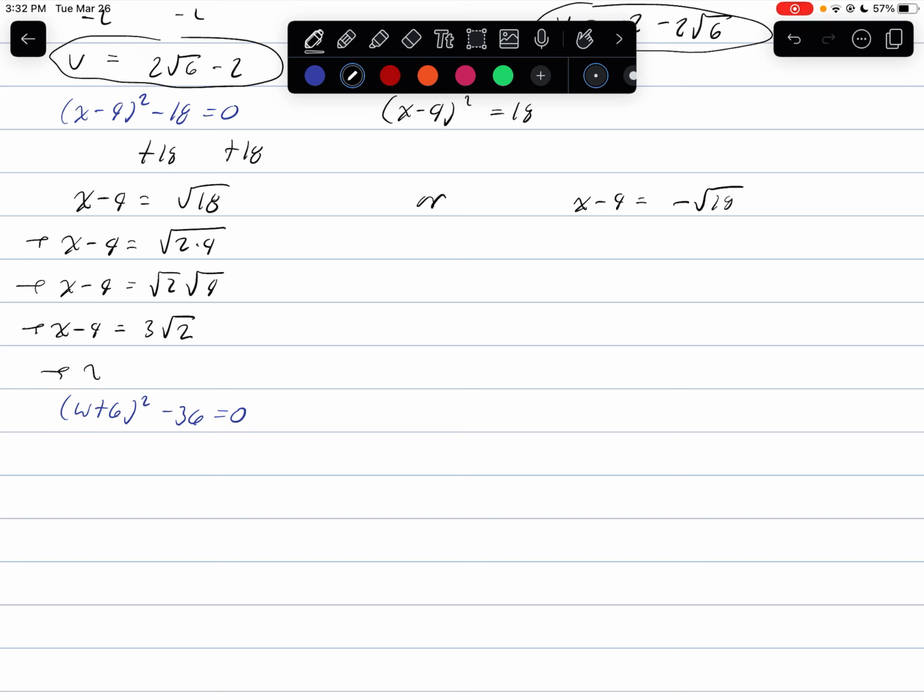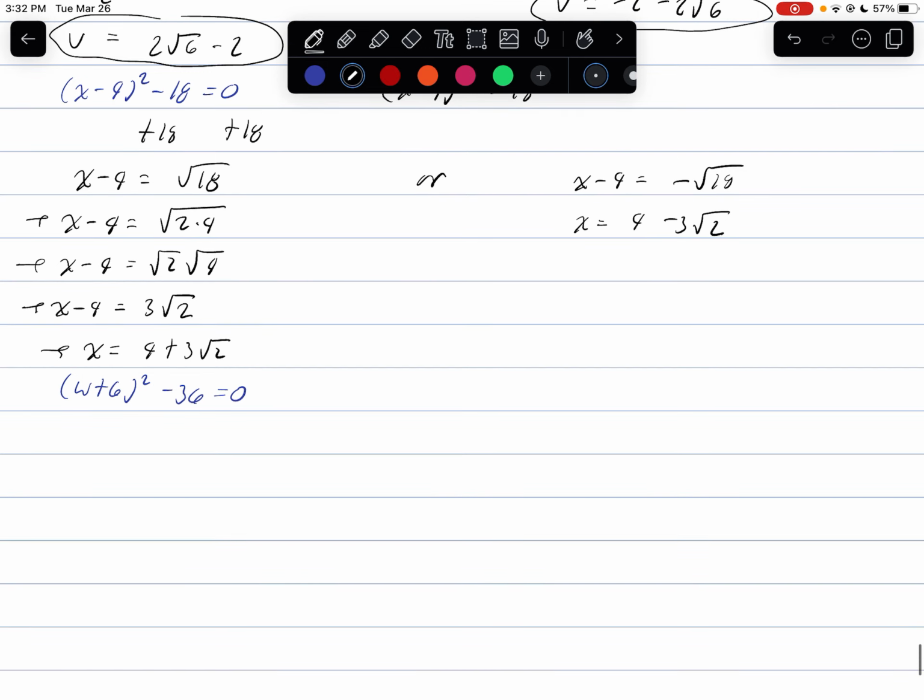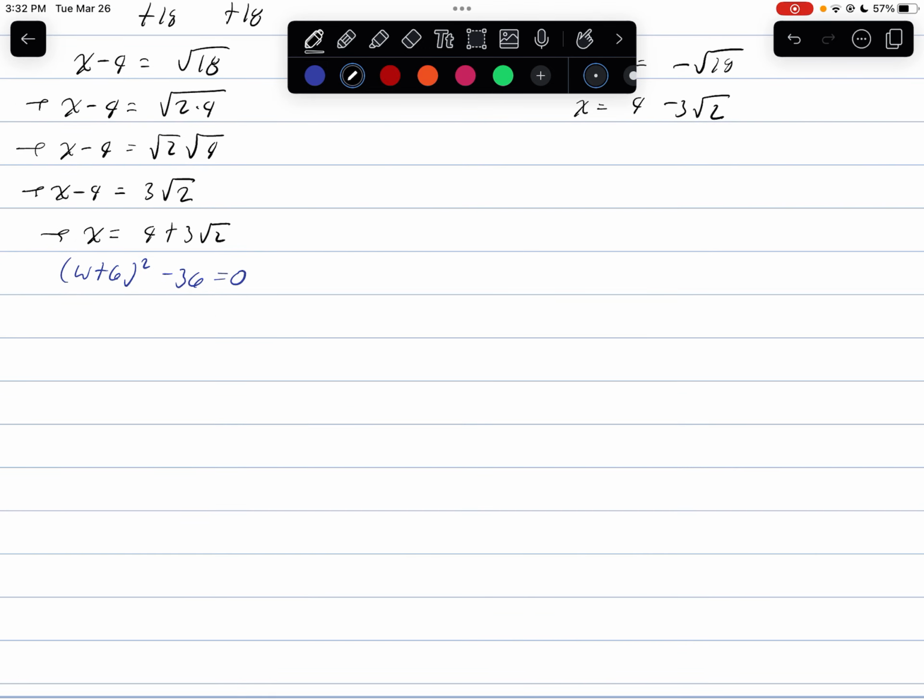And that's going to ultimately give us that x is equal to 9 plus 3 times the square root of 2. And then therefore, we'd also have here that x is equal to 9 minus 3 times the square root of 2, right? So we can go through the same process on this side. It's just we're going to have a different sign for the negative square root of 18. Okay, let's do one more.